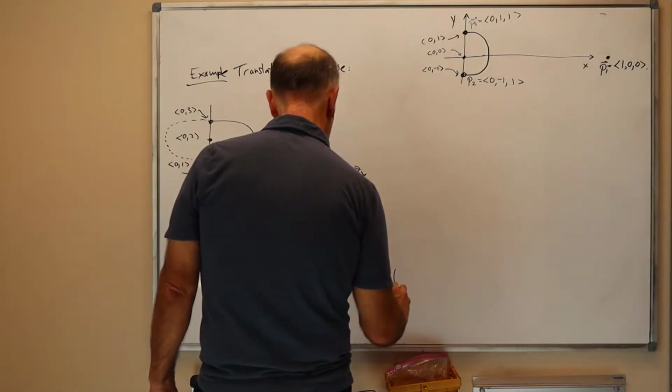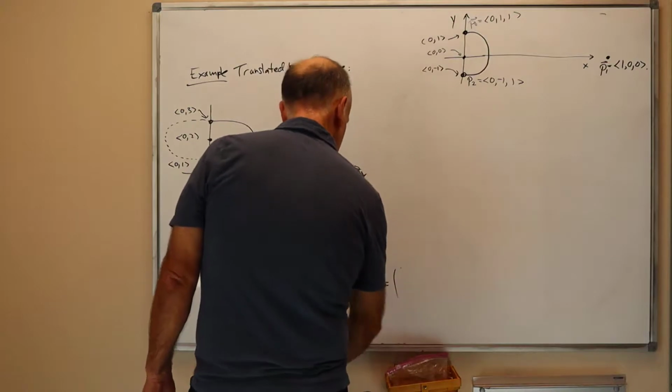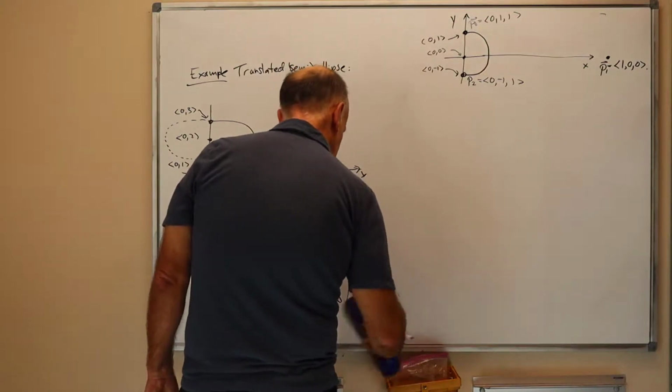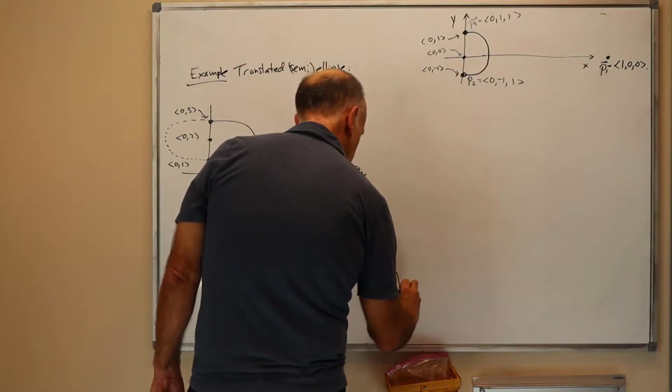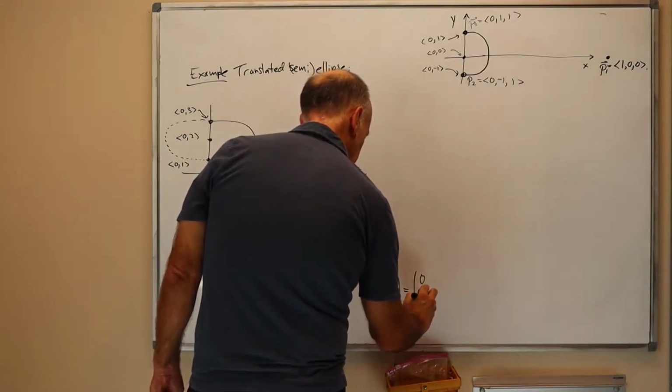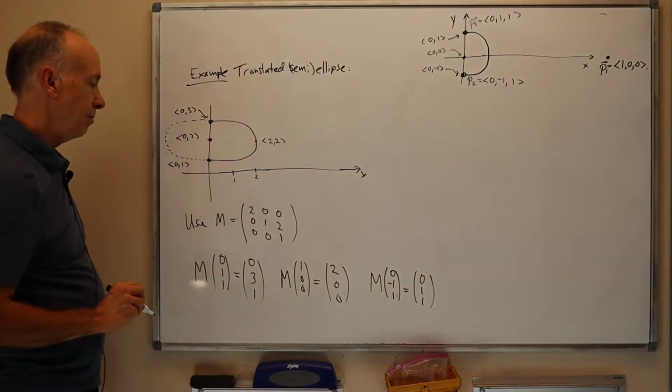And then M applied to the original P2, (0, -1, 1), is equal to (0, 1, 1), namely, the point translated up by 2.